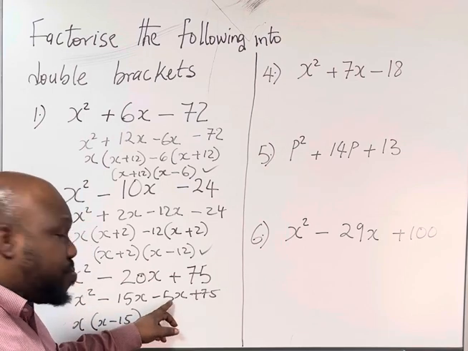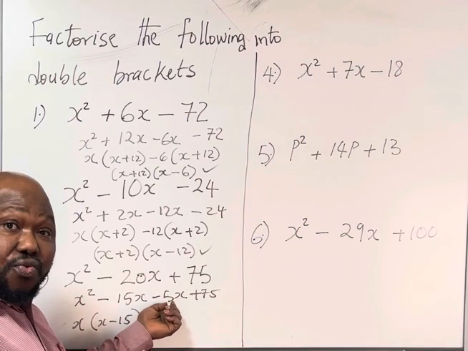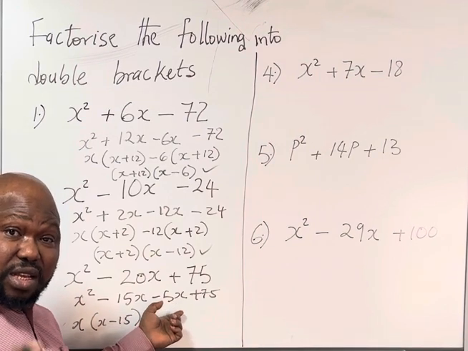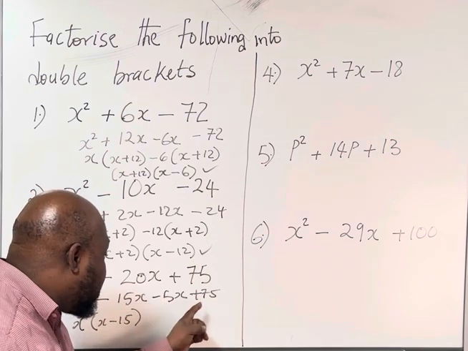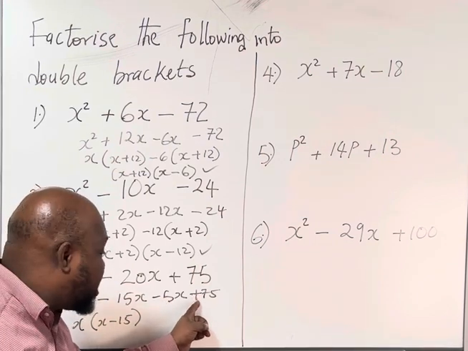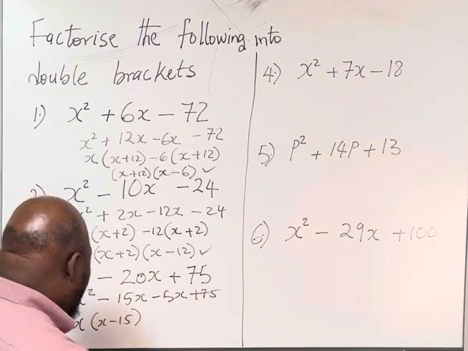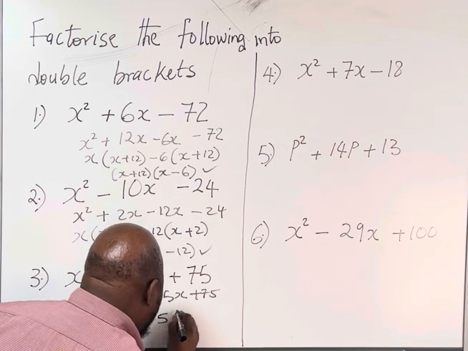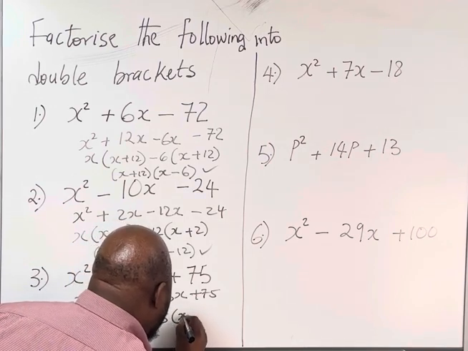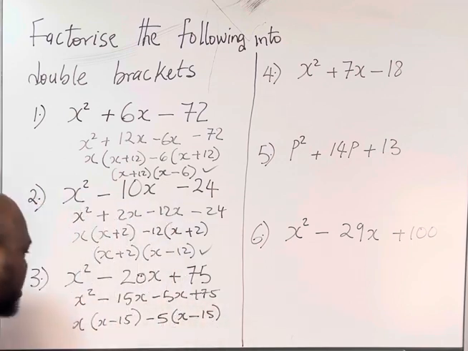We have x into x minus 15. Again, if we bring out minus 5 here, listen carefully: minus 5 will multiply this value, so this plus will change to minus. So we have minus 5 into x minus 15.